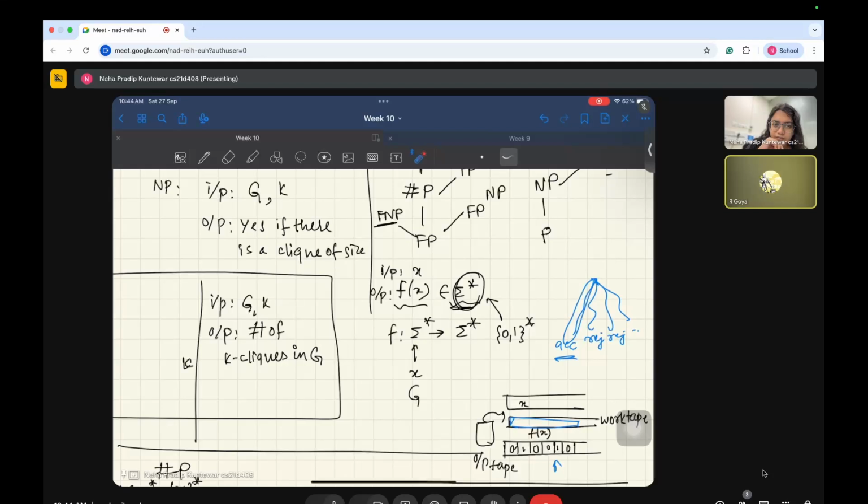And also, like in the case of the satisfiability problem, if we are using an NTM and I give a formula, now this NTM is no longer going to tell me only whether this Boolean expression is satisfiable or not. It will write, say, a 1 in the beginning, and that 1 will show that the Boolean expression is satisfiable. And after the 1, I will write a binary string, say 0010, and that will tell me that not only is this expression satisfiable, but it has two satisfying assignments.